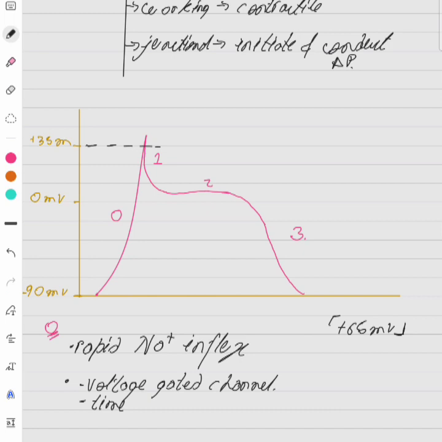And lastly, as sodium influx continues, the gradient is gradually disrupted, which hinders the entry of sodium.